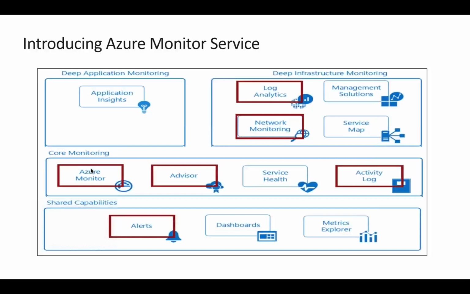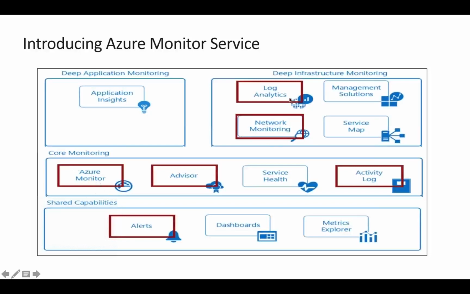As soon as that resource starts underperforming, I should have a mechanism of automatic alert raising, alert notification. So Microsoft also gives you one more thing called alert notification services. That falls under the core monitoring part, so we'll see that shared capability of alert services.